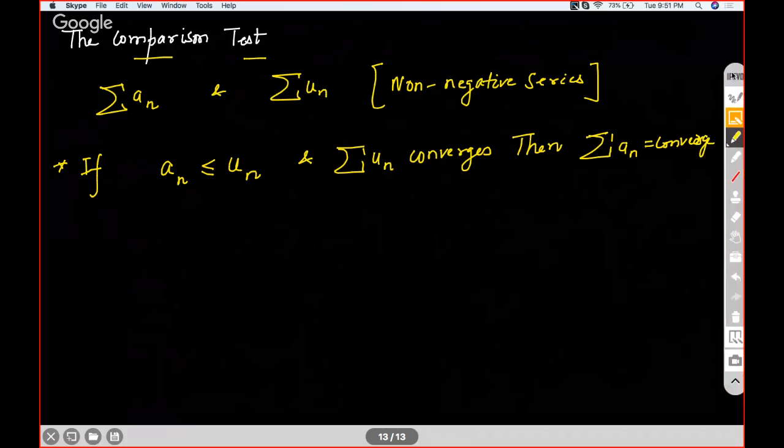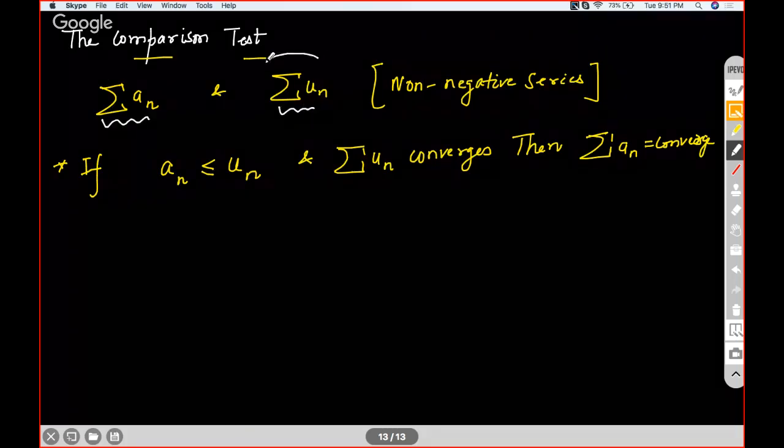Understood this test? If there are two series and you know that one of the series is a convergent one, and every term of this series is lesser than the corresponding terms of un, then an will also converge. I'll give you an example to understand this.